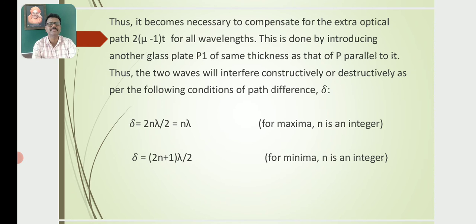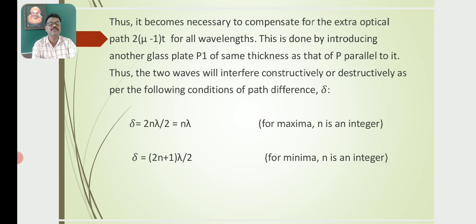parallel to it. Thus the two waves will interfere constructively or destructively as per the following conditions of path difference delta. Delta is equal to 2n lambda by 2, which is equal to n lambda, for a maxima, where n is an integer. Delta is equal to (2n plus 1) lambda by 2 for minima, where n is an integer.